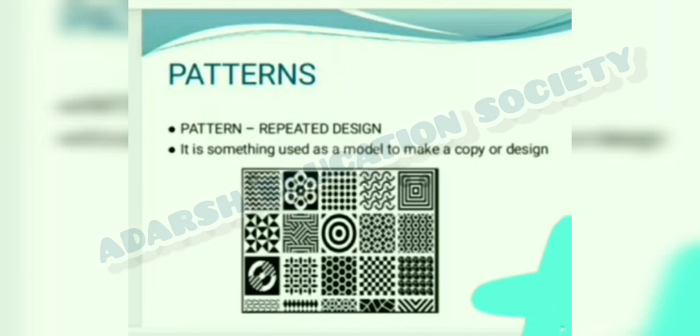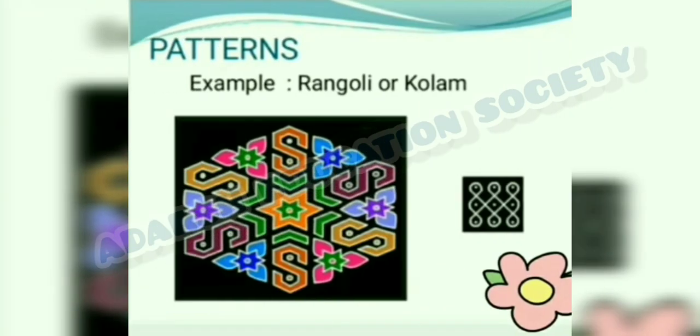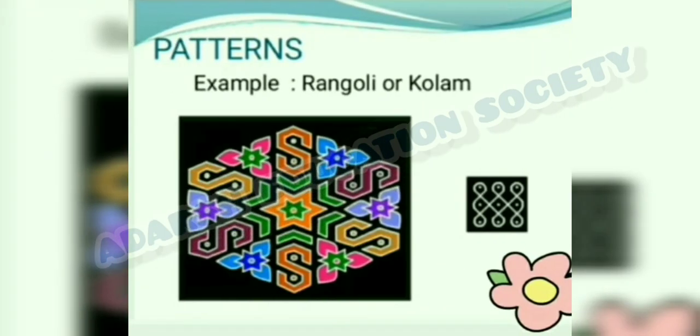Patterns are nothing, just repeated design. For example, in our day-to-day life, we can see in our dresses, shawls, screens having this type of repeated design, that is called pattern.